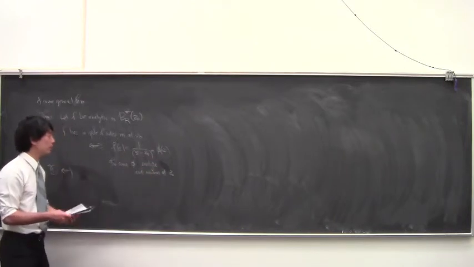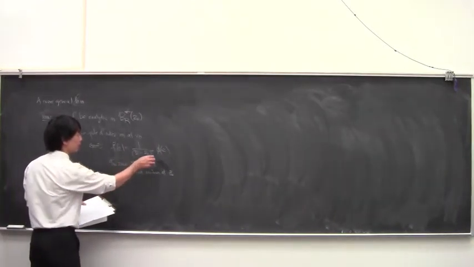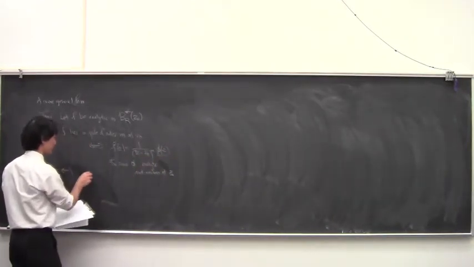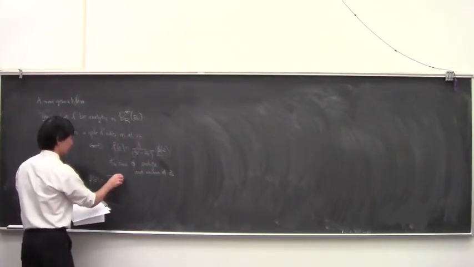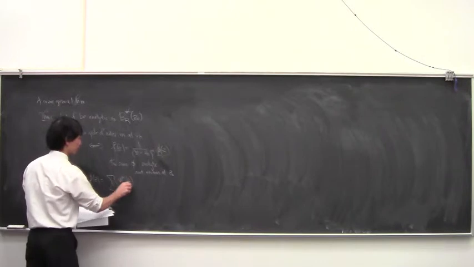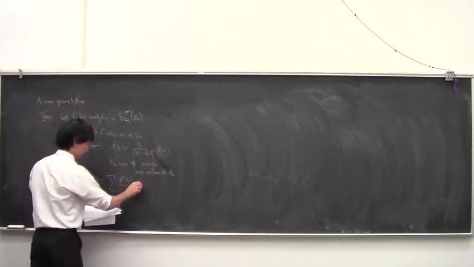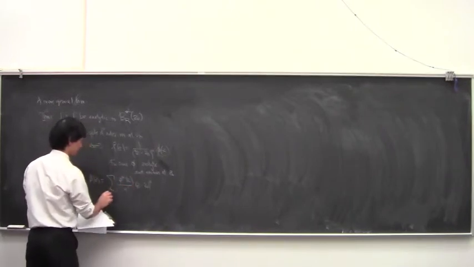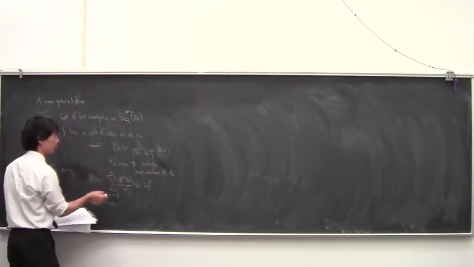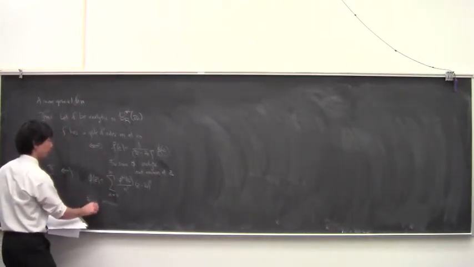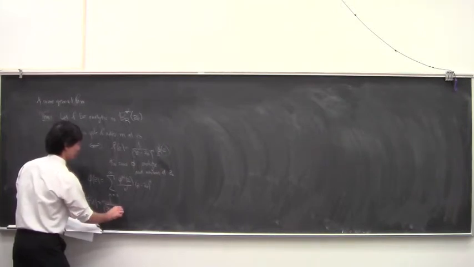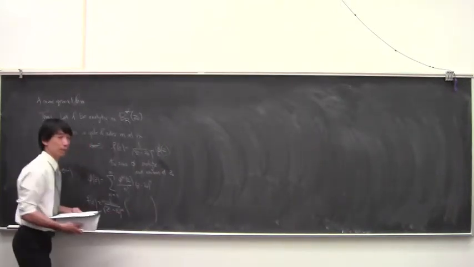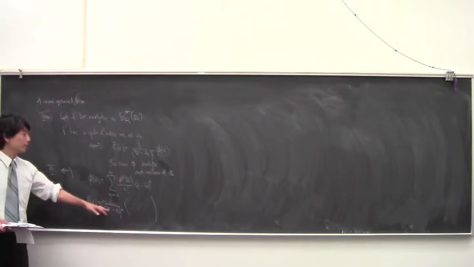What does that tell you? That means that you have this power series expansion. Phi of z is going to have some Taylor expansion, and that tells you that f is just going to be 1 over z minus z naught to the m times the above. Well, what does that tell you?